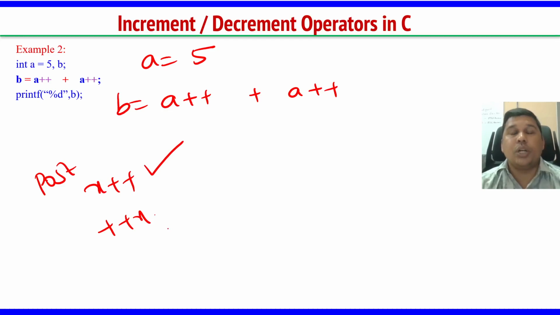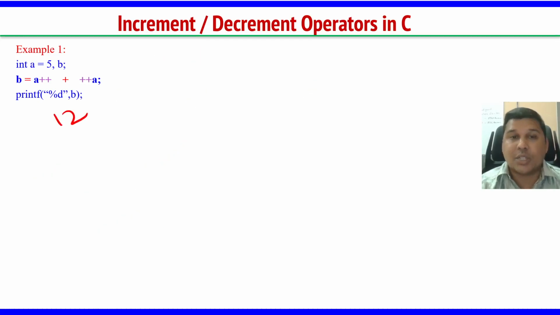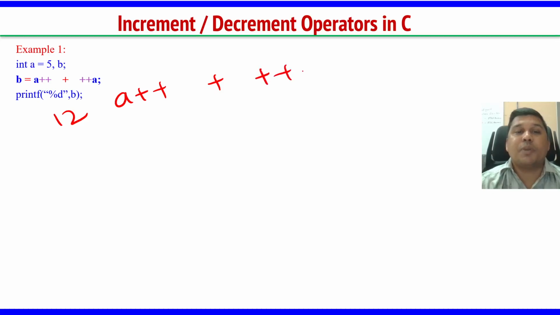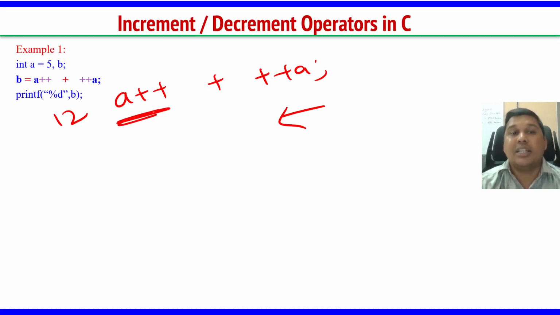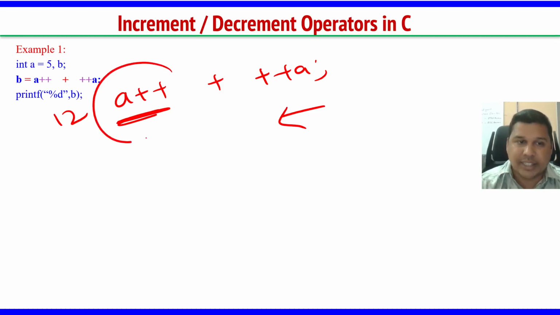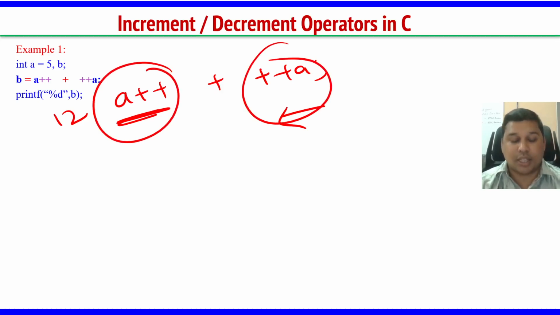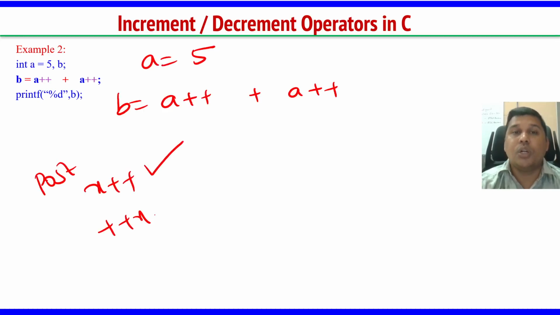So even when you do it from right to left, wherever there is a post increment, you have to do it first. That's why I did this first and we came back here. Otherwise the rule says that you have to do the post increment part first.